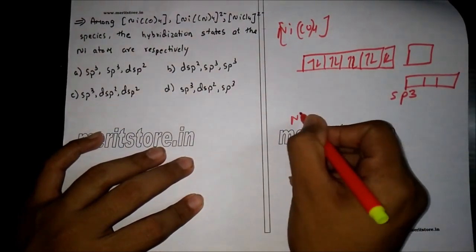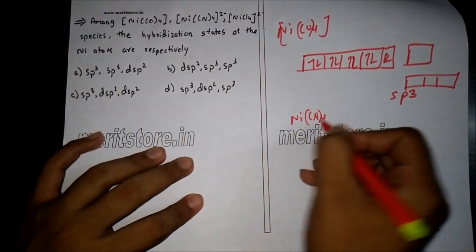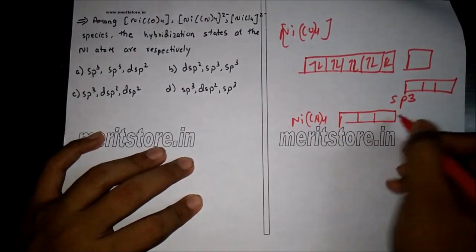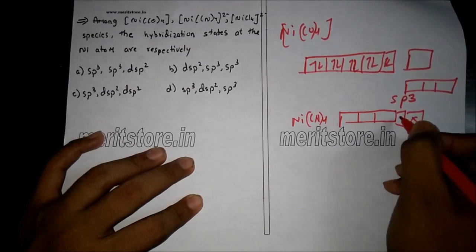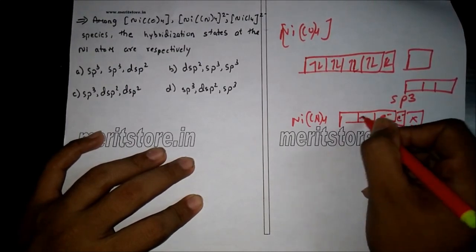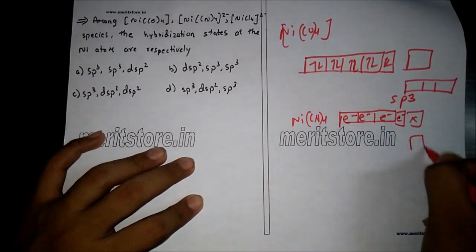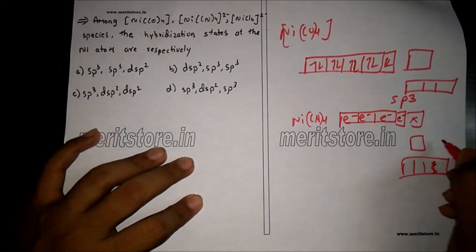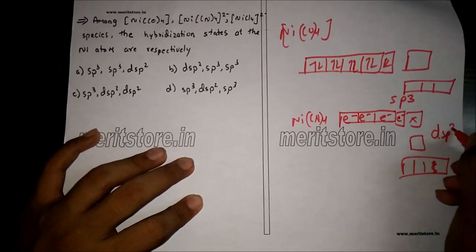In [Ni(CN)4]2-, all the electrons will be paired in the d orbitals, leaving one orbital empty. Therefore, this will be paired, this will be paired, this will be paired, and this will be paired, and the s and p orbitals will be unpaired. Therefore, the configuration will be dsp2.